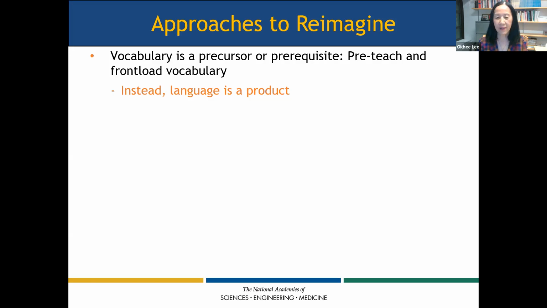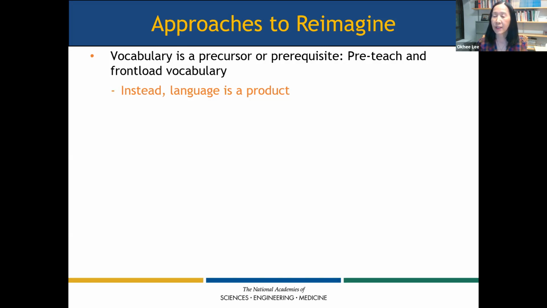I, having an accent, poor Okhee, who does not speak English, before she comes to science, she has to know the vocabulary. So we give the front-loading of vocabulary. You can imagine that I'm already scared that I don't speak English and I get this list of vocabulary terms that I have no clues about, and I'm really scared.